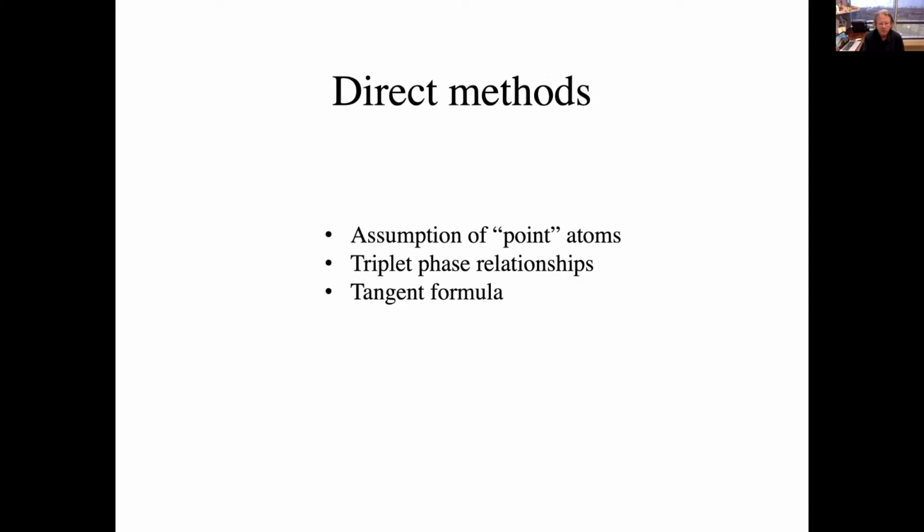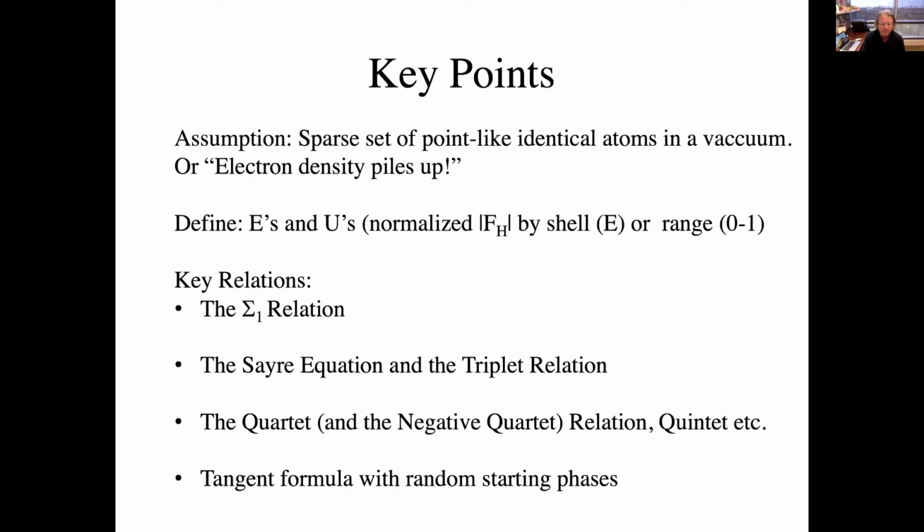So if you were to assume that atoms were points in a sea of vacuum, then you can make some relationships that help determine the phases. The key components here are called triplet phase relationships and the tangent formula, which I will describe briefly.